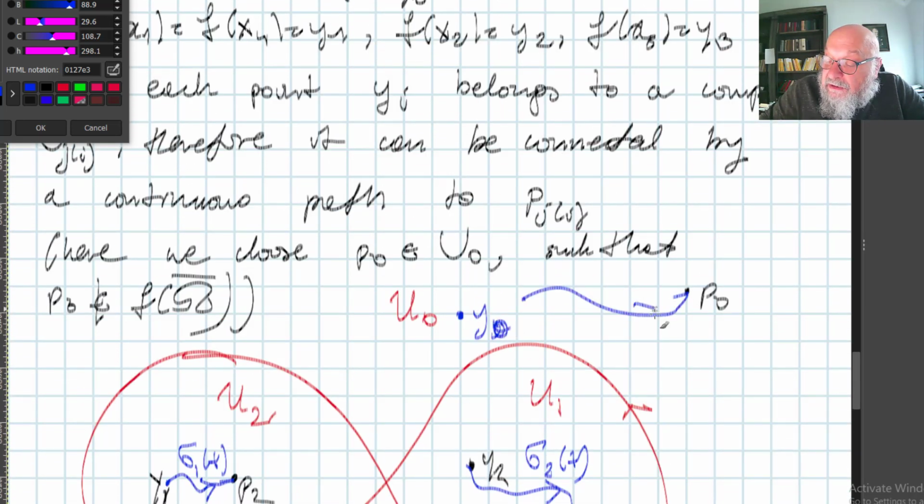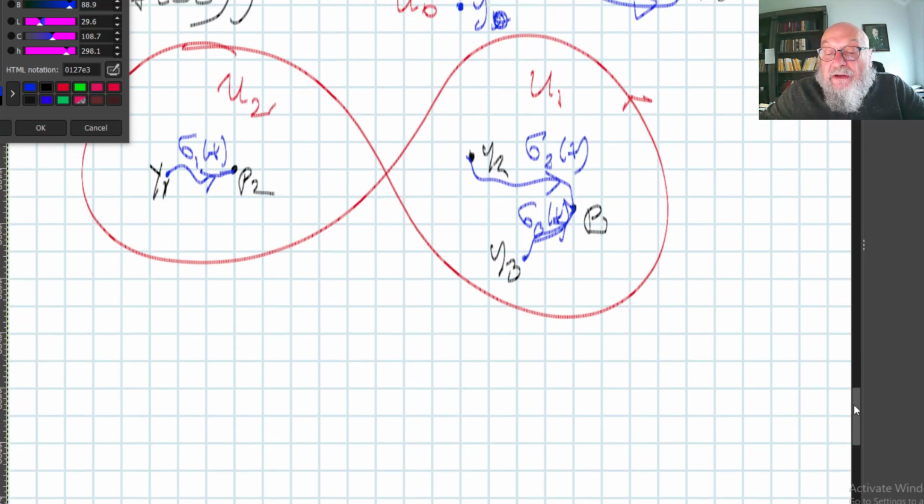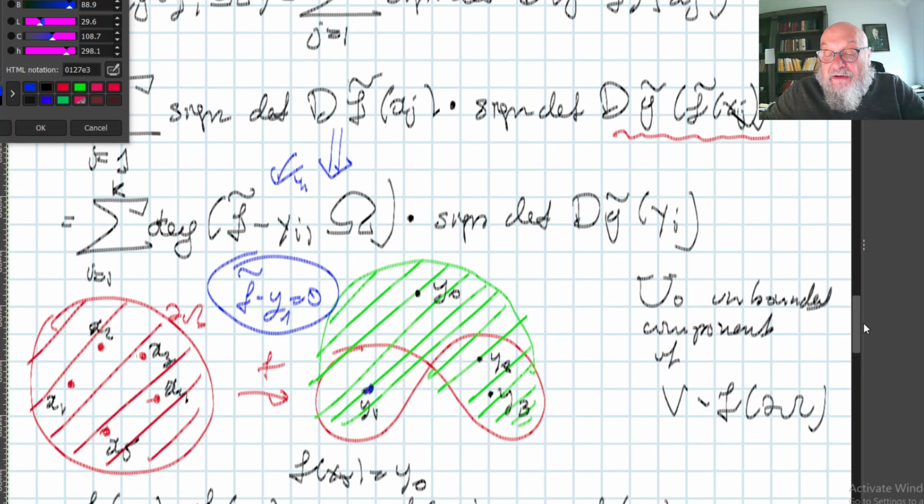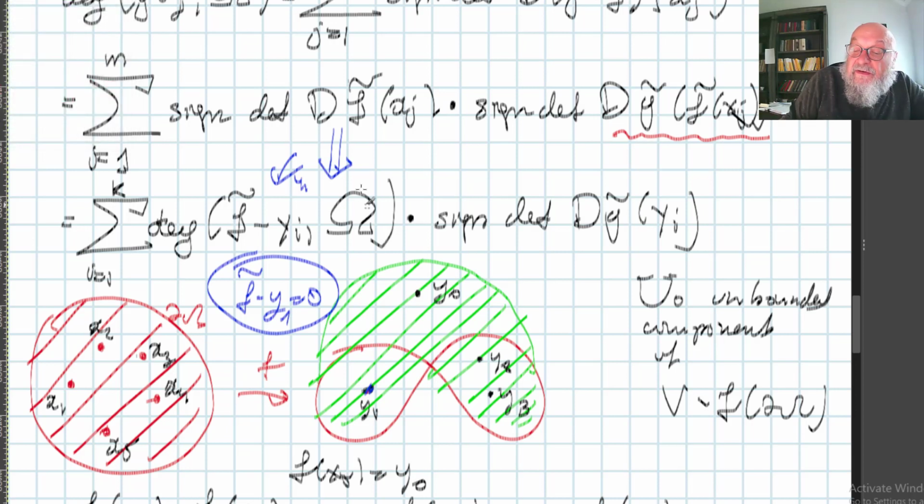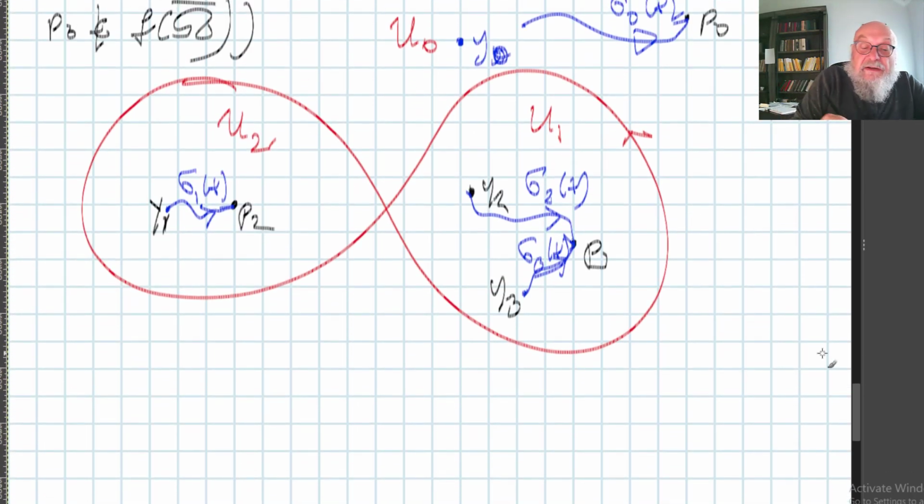Then of course you can replace this function by the homotopy. The homotopy would look like that. We simply take f tilde minus sigma j of t, and that's your homotopy.